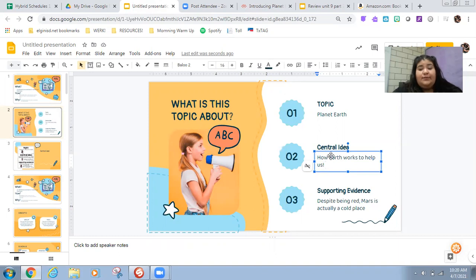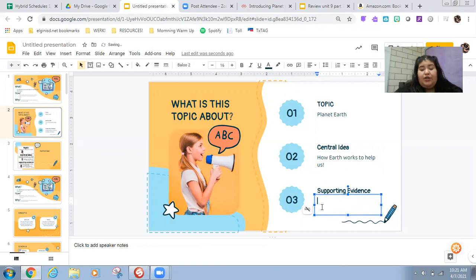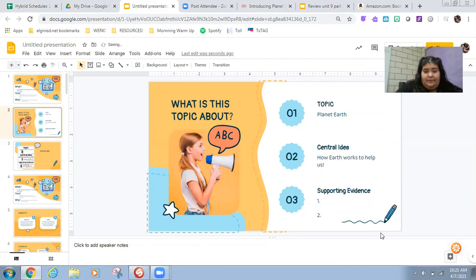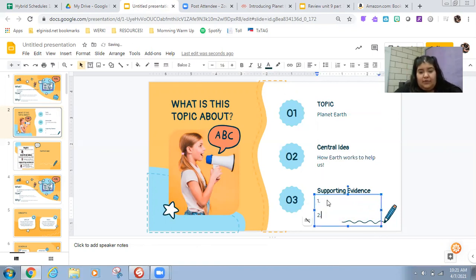So because we have our topic and our central idea, this is your lesson: you are going to support that evidence. How does the earth help us in one way? I'm going to write it here. On number 1.